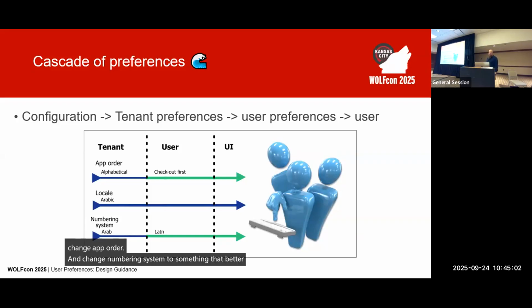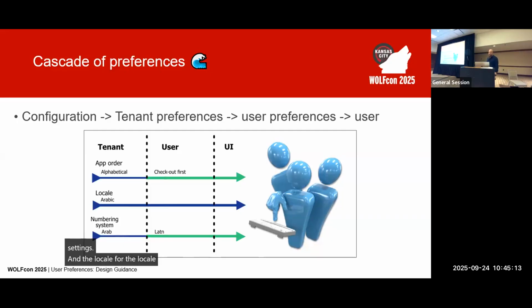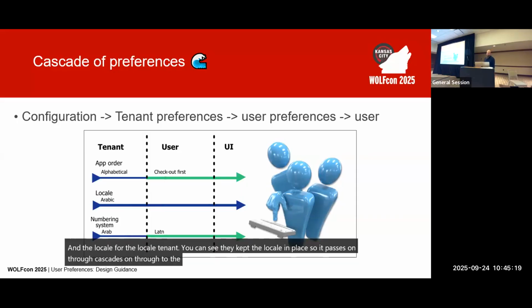And as you can see with the green arrows, those settings carry through, those settings are overriding the tenant settings. And for the locale, you can see they kept the locale in place. So it cascades on through to the user, to the blue people.